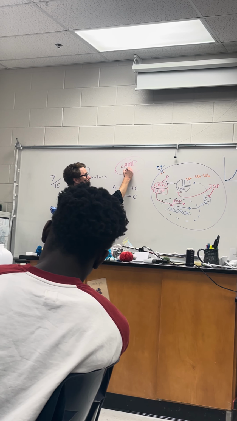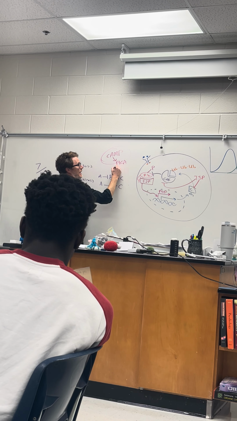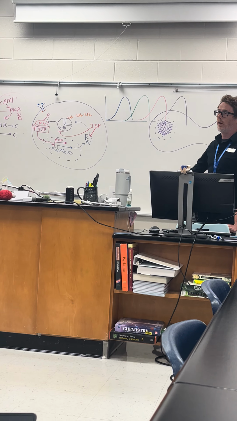And that cAMP activates PKA, and PKA activates B kinase, and B activates C, and C activates D, and ultimately the muscle cell responds to that by performing glycolysis. Because a muscle cell needs to do glycolysis to help the hare run away from the wolf.